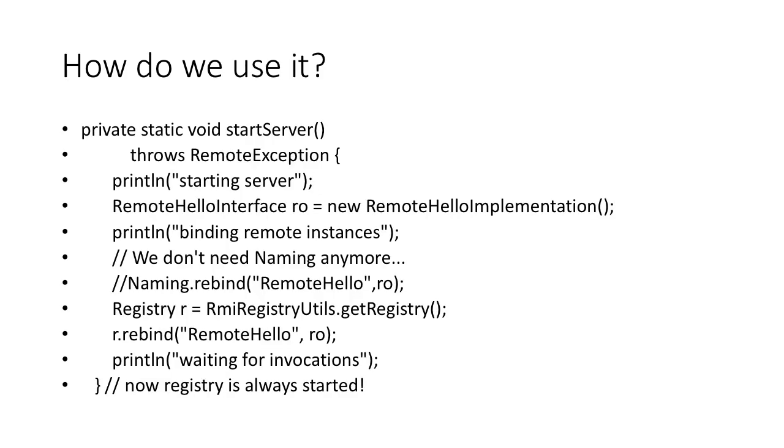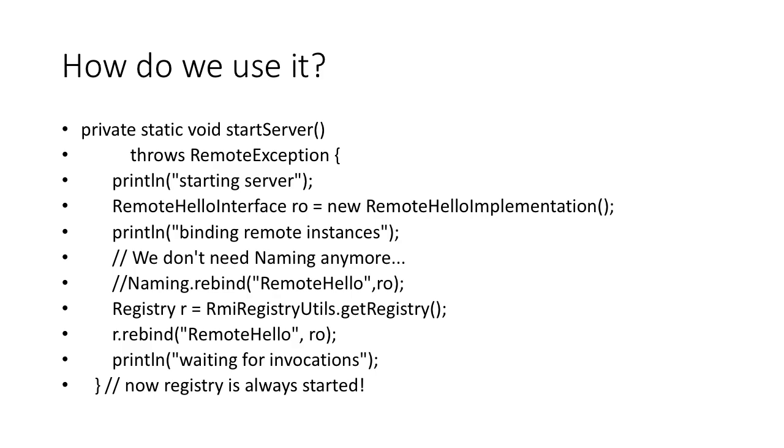So when somebody wants to call start server with the remote hello implementation, I don't need to go to naming.rebind anymore. Instead, I go to the RMI registry utils and get the registry. If it's not running, it starts it. Then I rebind in the registry, and then I say, I'm waiting for invocations.